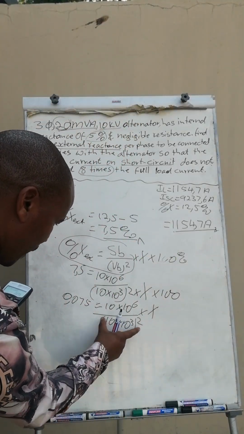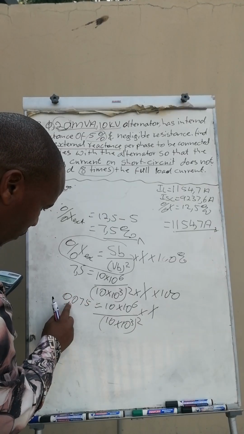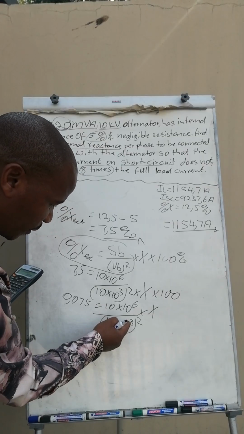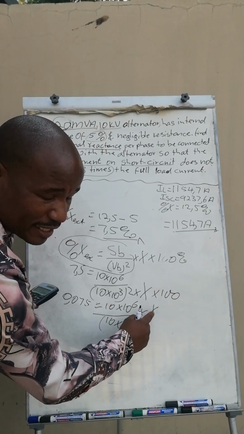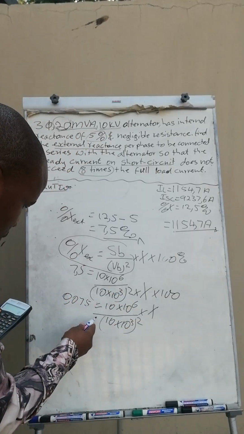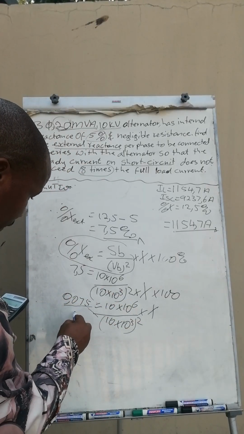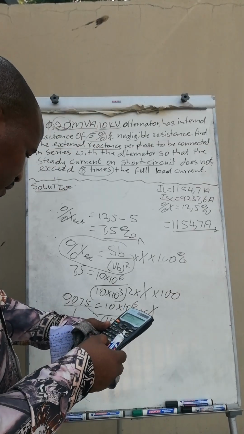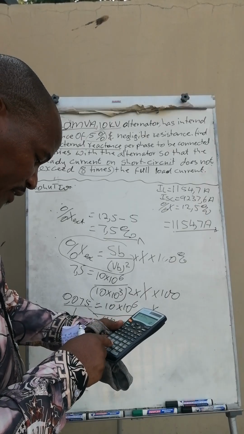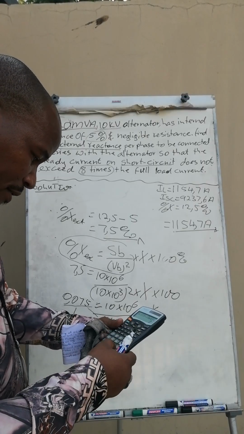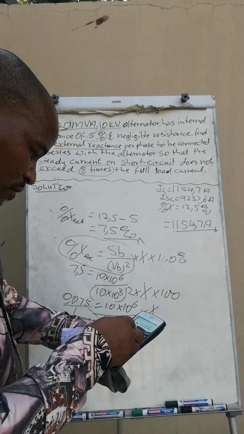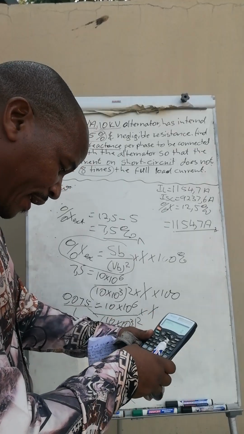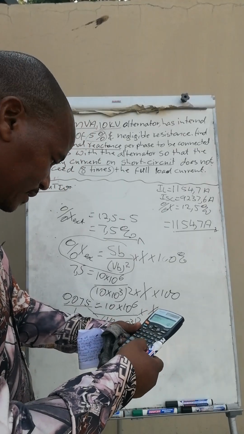I'm just going to cross multiply by this. I multiply 0.075 by 10 exponent 3 squared, and I divide by this to get x. Let's do it. I cross multiply. Remember, everything in life is over 1. So 0.075 multiplied by 10 exponent 3 squared is equal to 7.5 million.